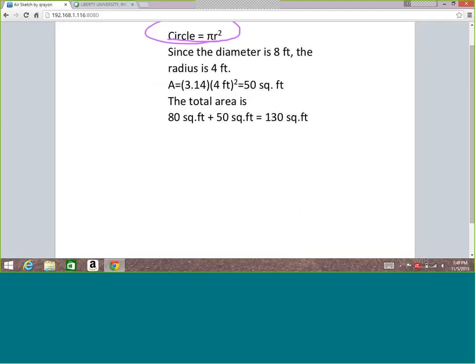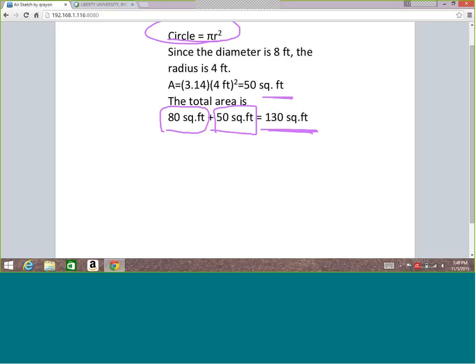And then I put the 4 in for r and square it. Again, my feet are being squared, okay, because it's area. And there's my 3.14 for pi. When you take 3.14 times 4 squared and round to the nearest whole number, that's 50. So here I have the rectangle piece plus the 2 semicircles gives me the total area of 130 square feet.